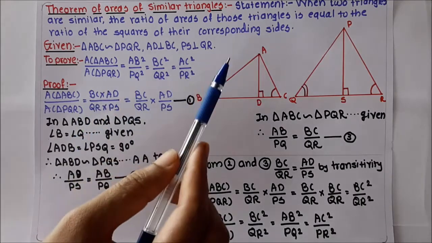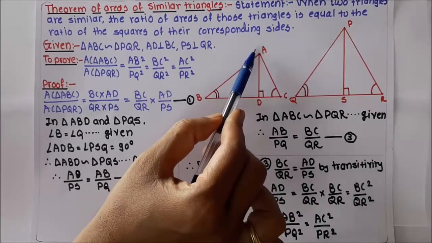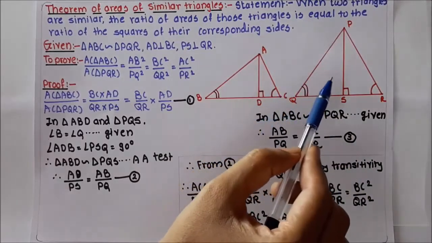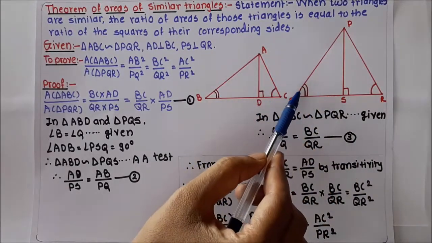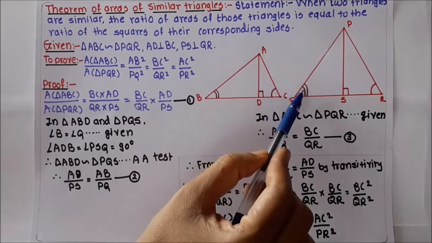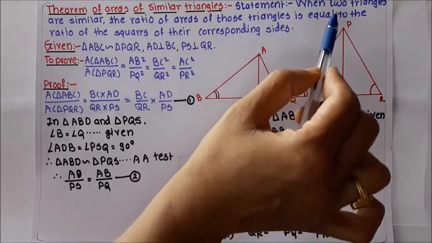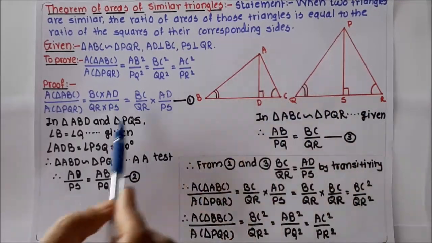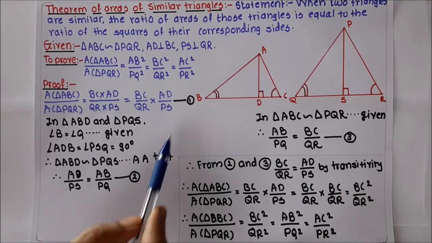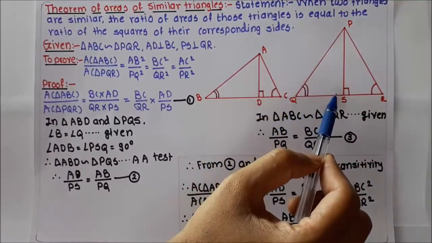Now for this proof we have to consider two triangles. At first we will consider this smaller triangle ABD and triangle PQS. In these two triangles it is already given that angle B is equal to angle Q. Then angle ADB is equal to angle PSQ, as both are 90 degrees, and therefore by AA test triangle ABD is similar with triangle PQS.